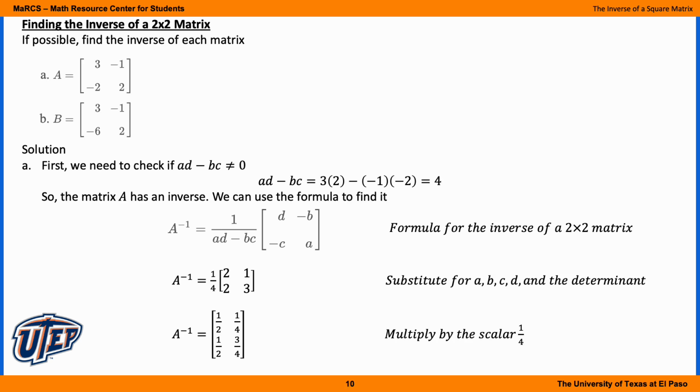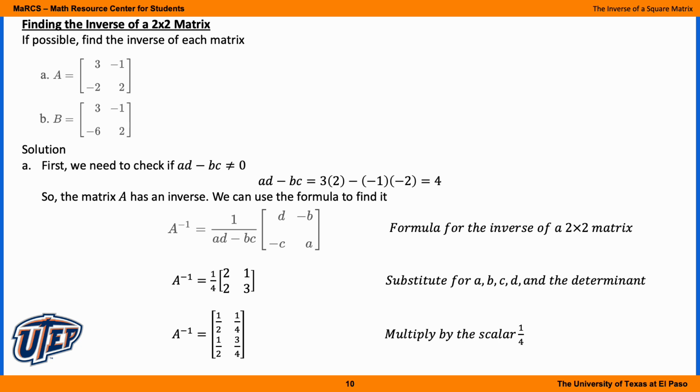Now we will use the formula that we just defined to find the inverses of the matrices, if possible. So for example A, we're given the matrix A with entries 3, -1, -2, and 2. So first we need to check that the determinant is not equal to 0. So A times D will be 3 times 2, so that's 6, minus B times C, so -2 times -1 is positive 2. So 6 minus 2 is equal to 4.